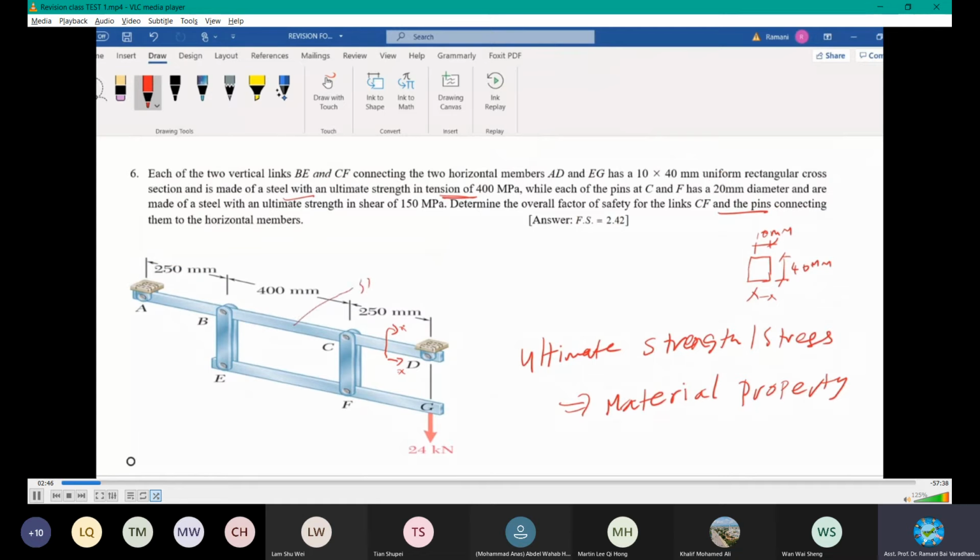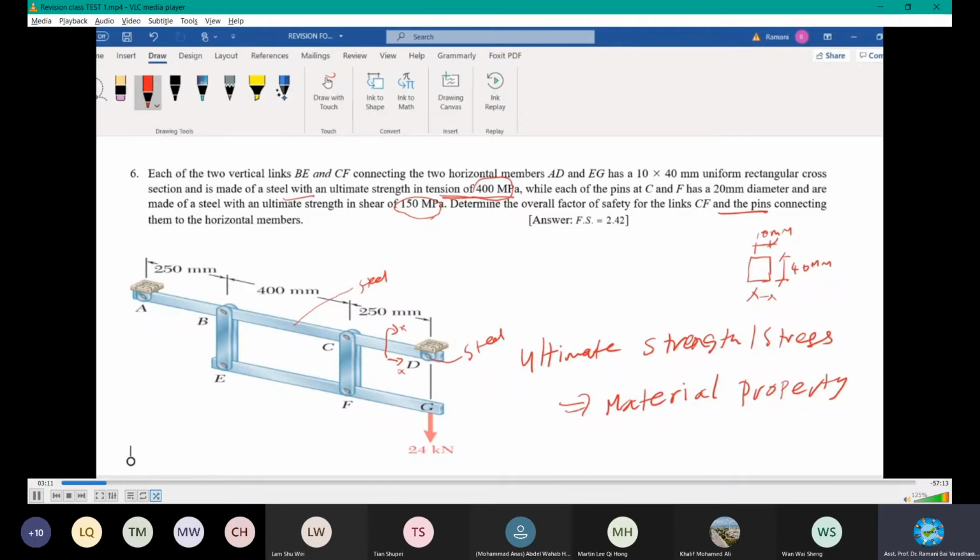This is steel, okay. This is also steel. The pins are also steel pins, and the ultimate strengths are given. The strength in tension is given for the member as 400, and the shear strength for the pin is also given, because the pin is undergoing shear stress.